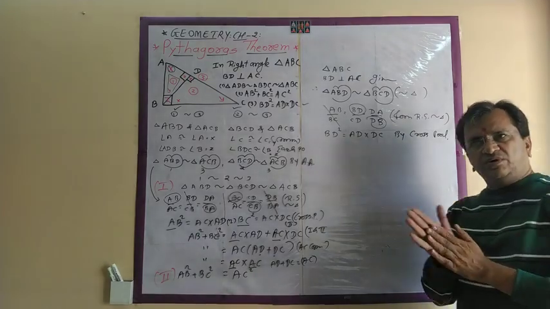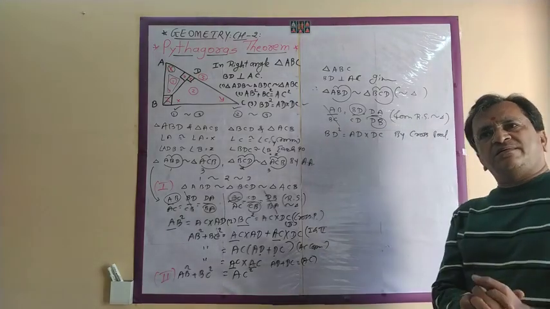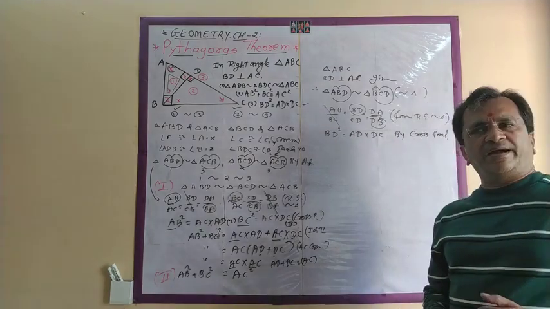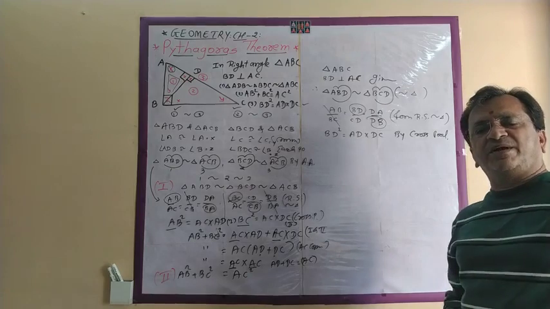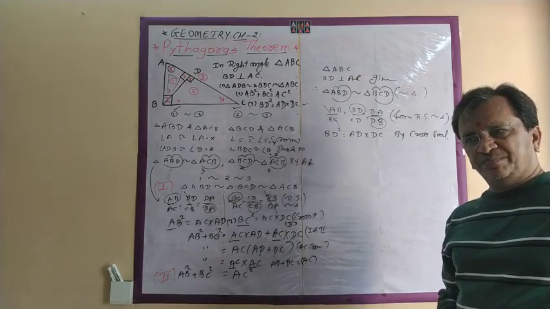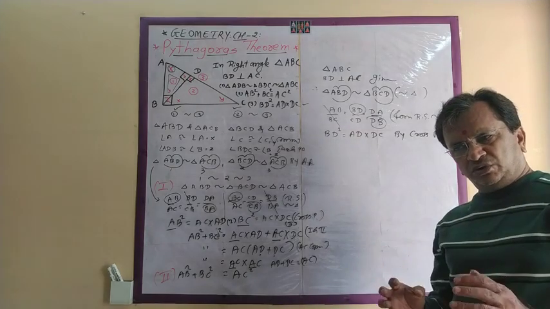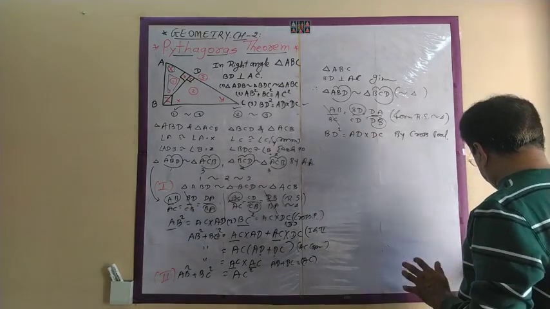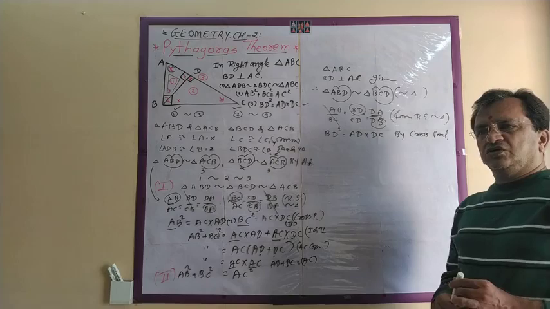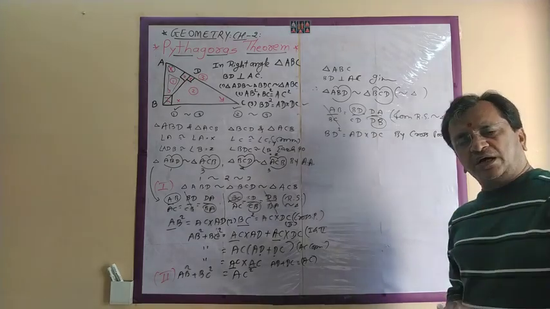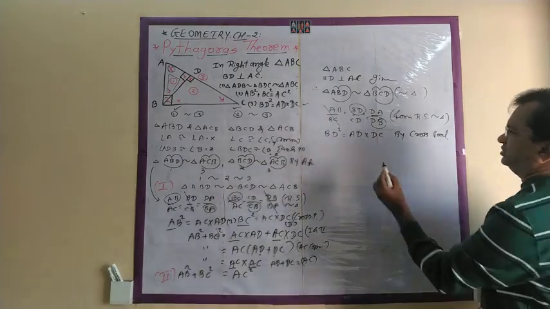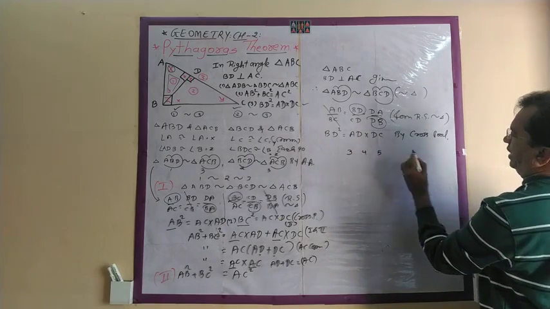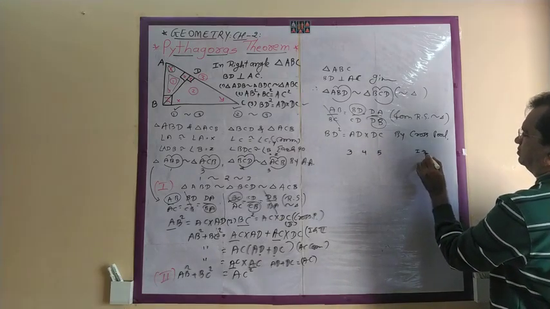Now one more thing I want to introduce. Sometimes in 2 marks they ask to identify whether it is a Pythagorean triplet or not. So you must know the pairs. First, write the smallest triplet, that is 3, 4, 5. Step number 1.